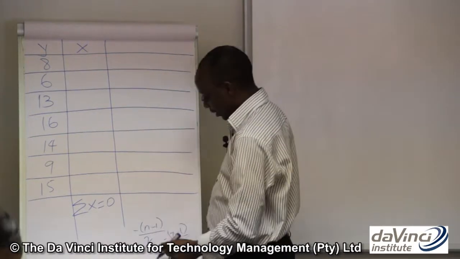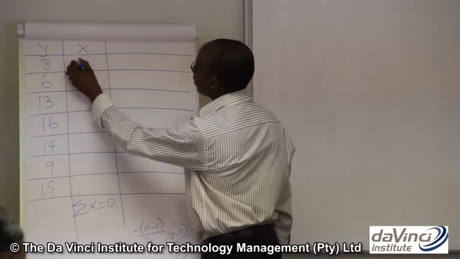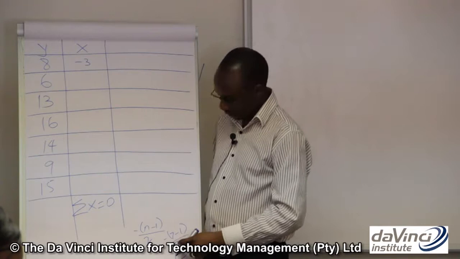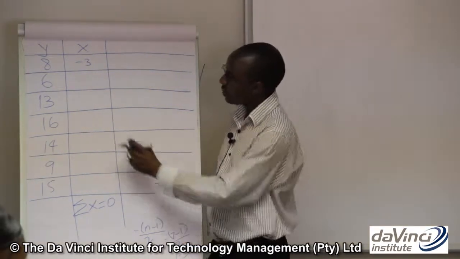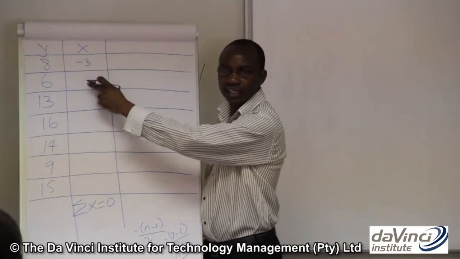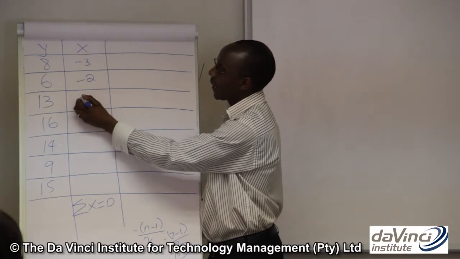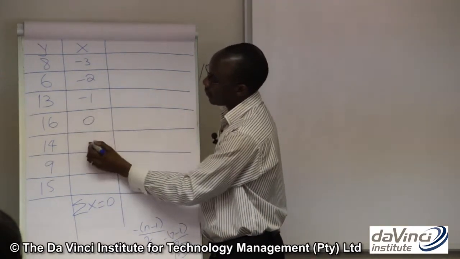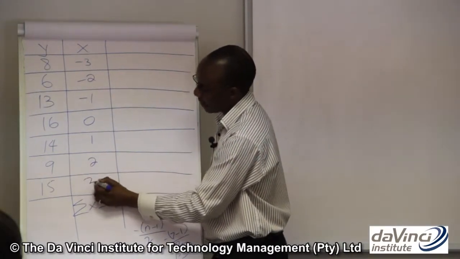So now your first observation of x is minus 3. Then for your next observation, you add 1. Minus 3 plus 1 gives you minus 2. Minus 2 plus 1 is minus 1, plus 1 is 0, plus 1 is 1, plus 1 is 2, plus 1 is 3.